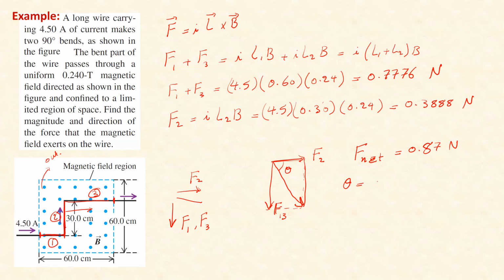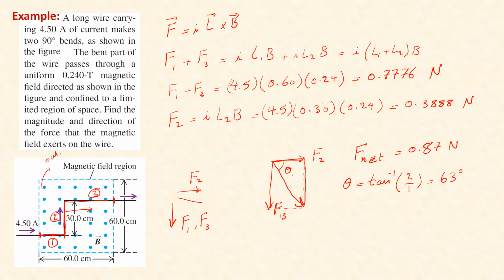So theta will be tan inverse of 2/1. How much is tan inverse of 2/1? It becomes 63 degrees. So this theta is 63 degrees.